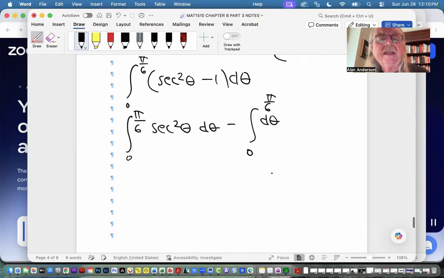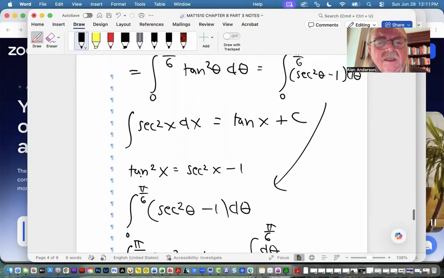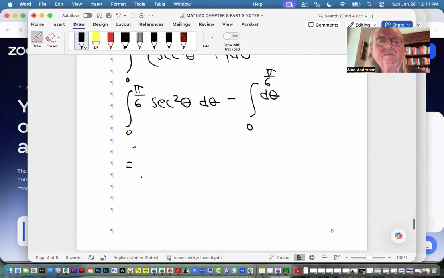The integral of secant squared theta is, as we just saw, where did I put it? Tangent theta.